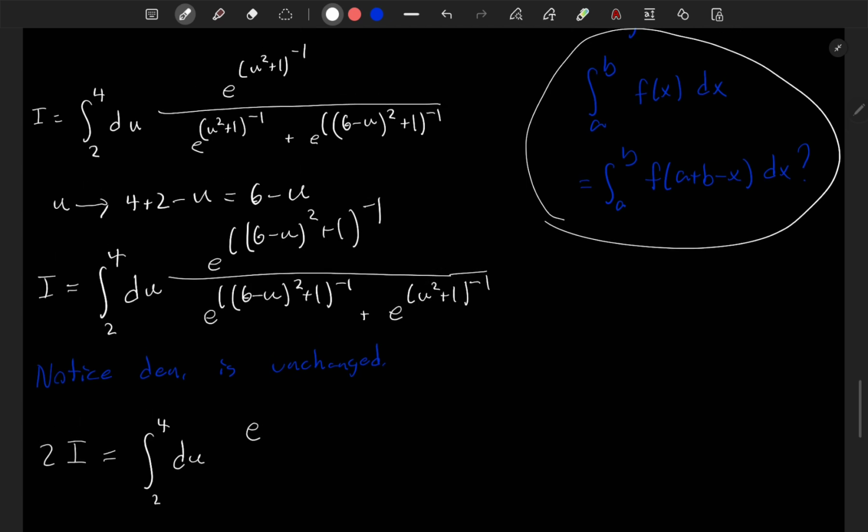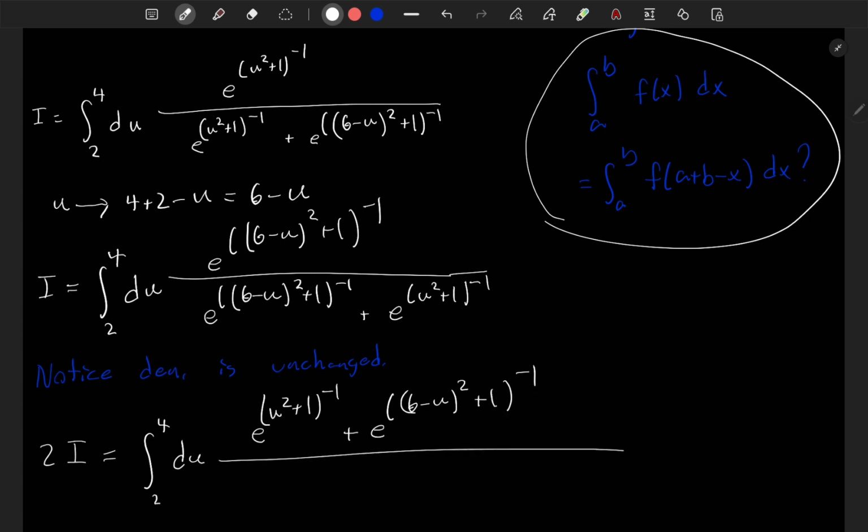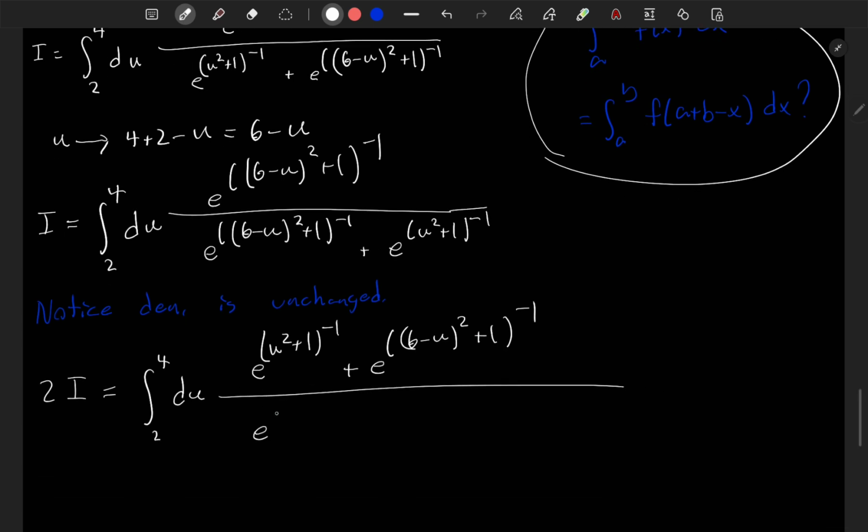Yeah, I feel a little silly not immediately trying King's rule, but you gotta try stuff and fail. And I'm pretty sure you can all see what's about to happen here. The numerator and denominator are identical, and that means we're allowed to cancel them out because they're always positive.